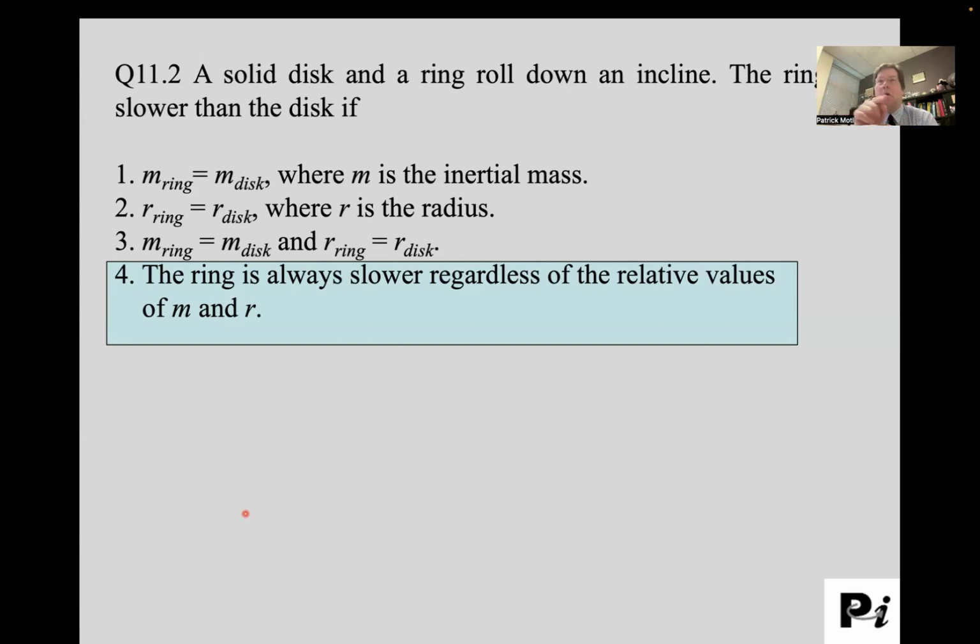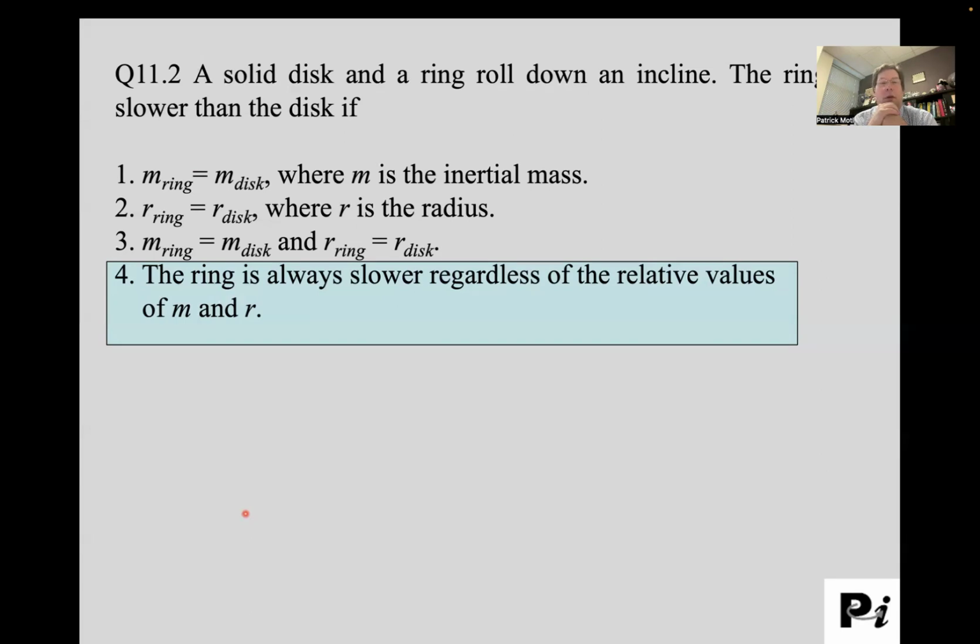you have the rolling without slipping, or the smooth rolling condition. So the ring is going to move forward one full circumference of the ring every time it goes through a 2 pi radian rotation.